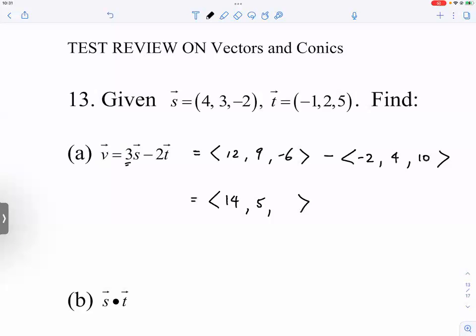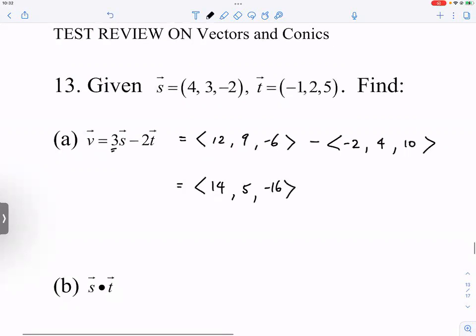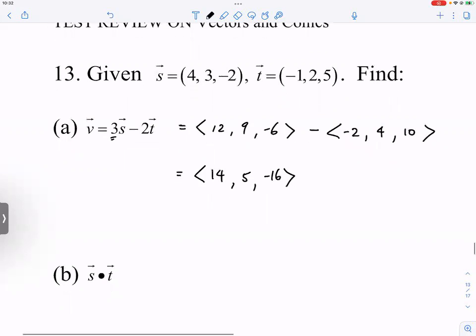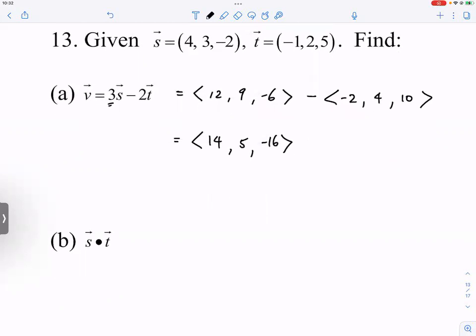Negative 6 minus 10. Done. Okay? Just like what you did with two-dimensional vectors, we just go one extra slot. So that's basically what it is. And make sure your mind is very composed, very calm. You can listen to what you're thinking. You know what you're doing for each single step.